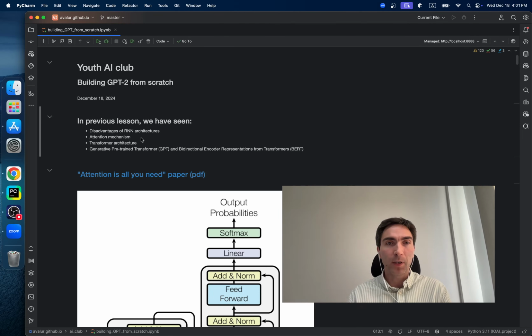Then we switched to the attention mechanism and discussed the theoretical parts of the transformer architecture, mostly in slides. But today we are trying to implement everything in Python, to dive into all the details and actually build a generative pre-trained transformer, or GPT version 2.